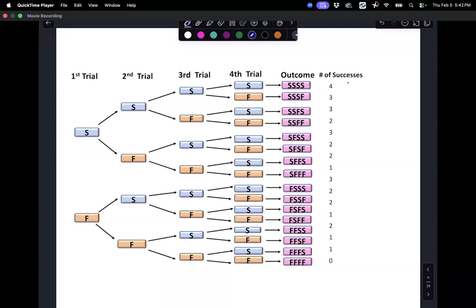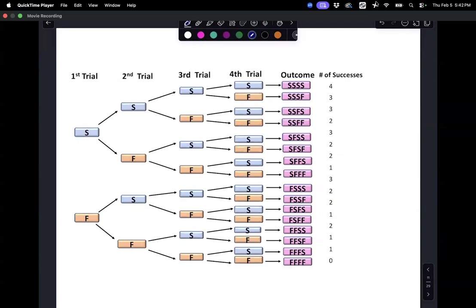So number of successes, 4, there's one way to get 4. How many ways to get 3? There are 1, 2, 3, 4 ways to get 3 successes. Let's take a look at 2 successes. There are 1, 2, 3, 4, 5, 6 ways to get 2 successes.